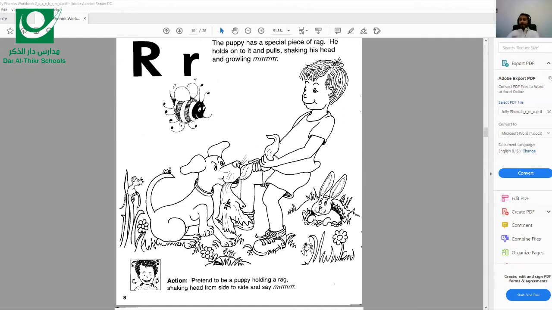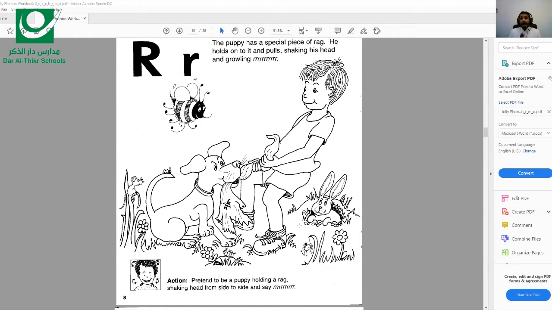Now look at the picture and tell me any word that has the R sound. Yes, you have a rag, and you have here a rabbit, and you have here a rat.